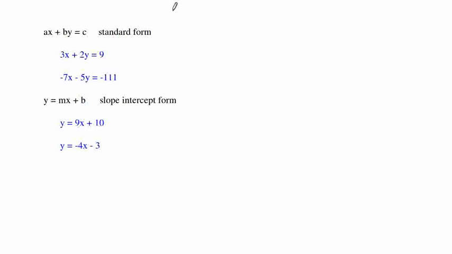So you may know that the x-intercept occurs where the y value is 0. So if I replace the y with 0 in the general standard form of the linear equation, I get ax plus 0 equals c.